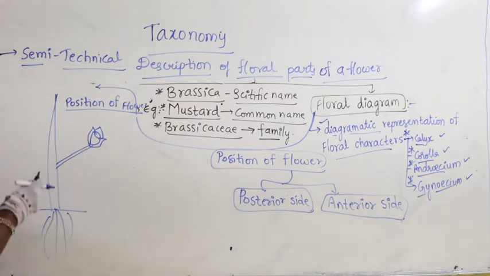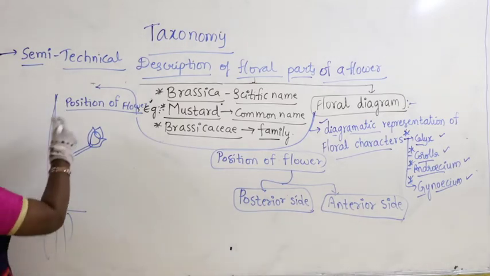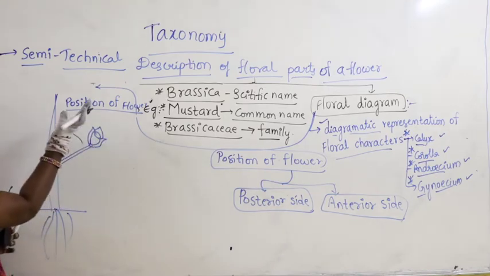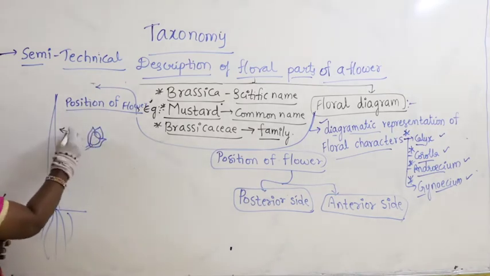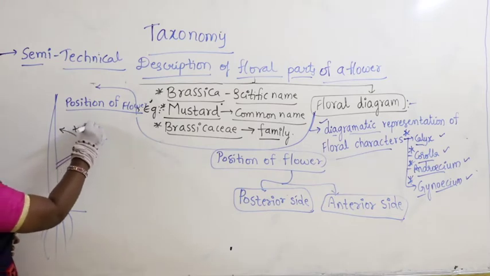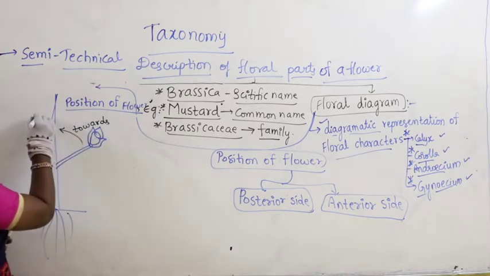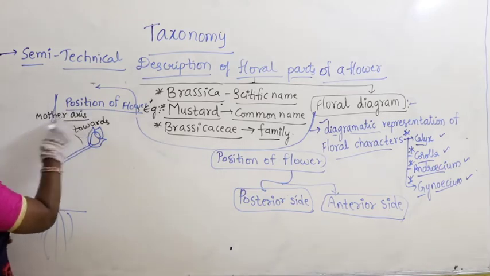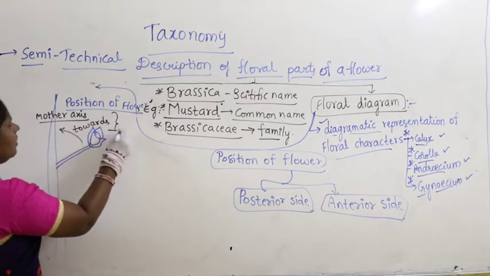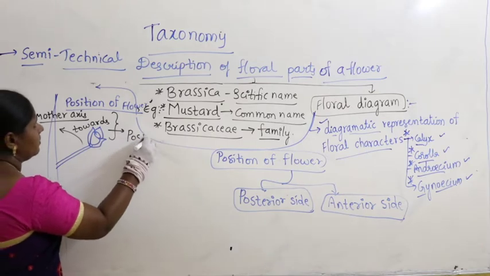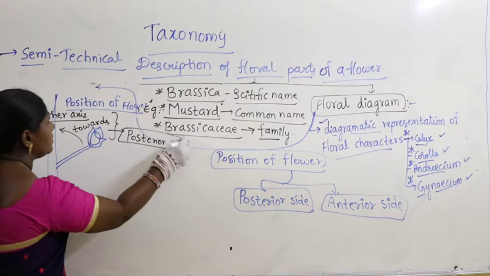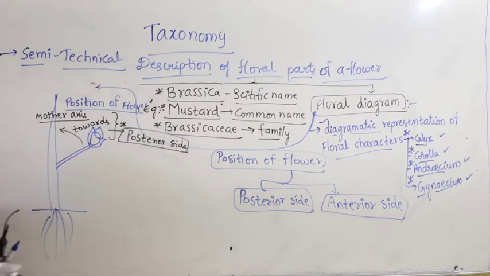Now if you take the position of the flower, this position of the flower means this side or angle, this position of the flower towards the mother axis. This is called the posterior side. Which position of the flower is the posterior side?